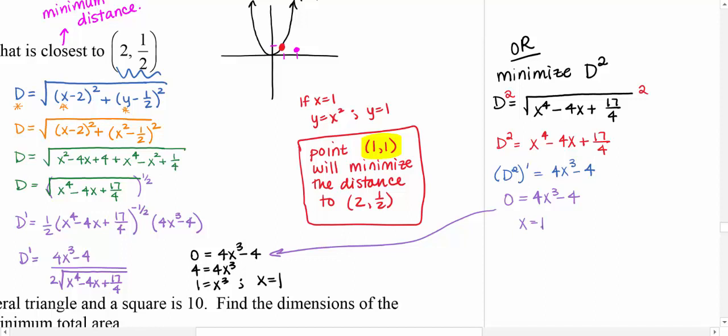And maybe that's just a little bit easier algebra for you. So instead of minimizing the distance, you can also minimize the square of the distance and you're going to get the same result. So that might help you in future problems.